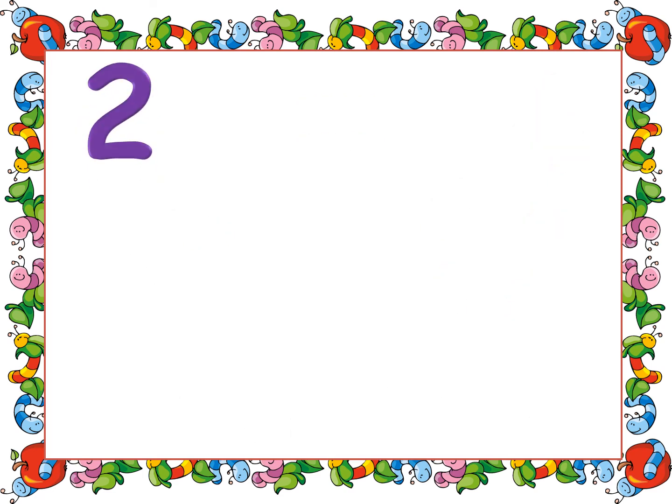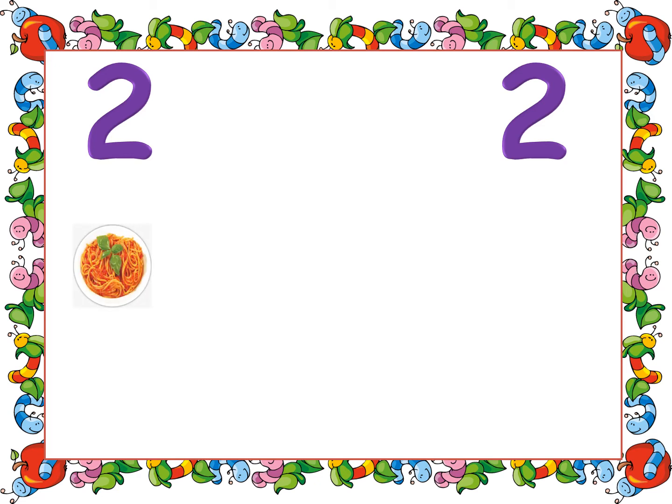Let's see another example. 2 and 2. Again, we have the same numbers. What will the alligator eat? He's not going to eat any of them because they are the same. Let's draw objects. 1, 2, 1, 2.